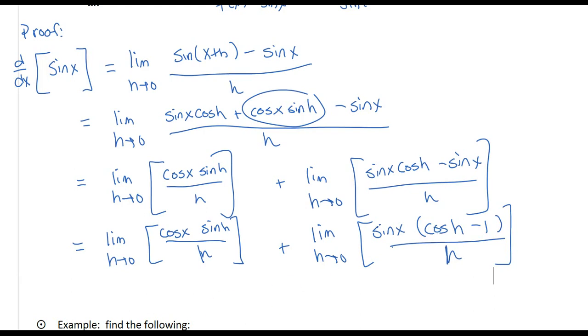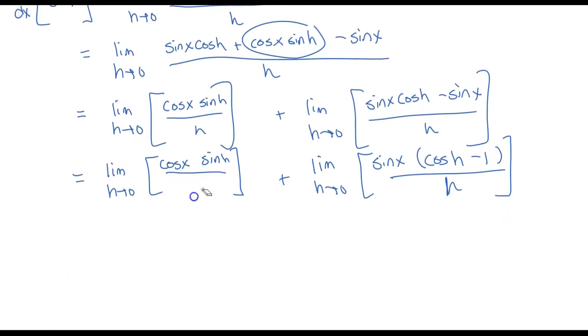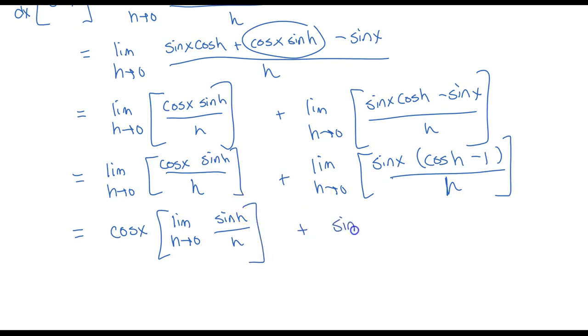Now we are taking the limit as h approaches 0. So according to this limit, it doesn't really care what happens to x. We're only talking about what happens as h approaches 0. So in this first one, I can pull out the cosine of x. That'll be cosine of x times the limit as h approaches 0 of sine of h over h. And in the second one, I'm going to pull out the sine of x.